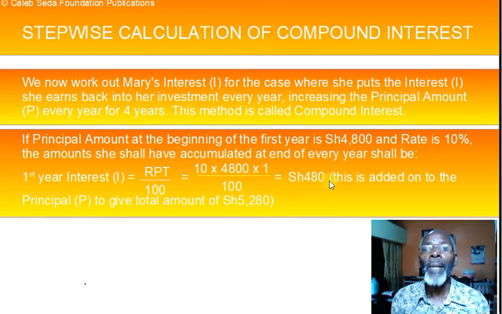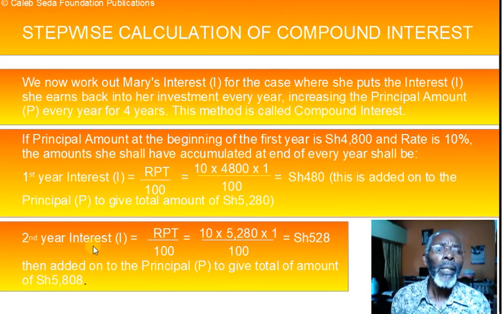Now this amount at the end of the first year is added on to the principal amount to raise the total principal to now 5,280.